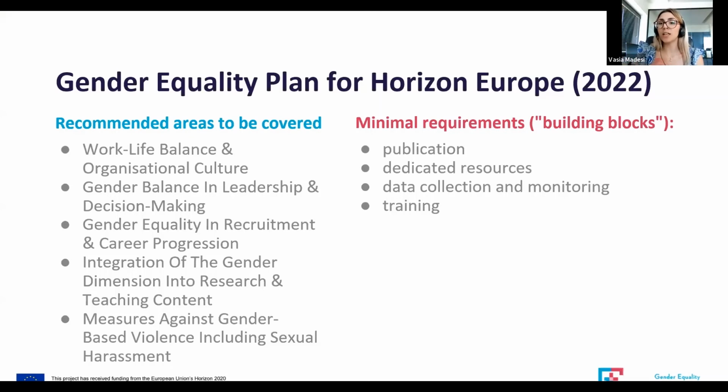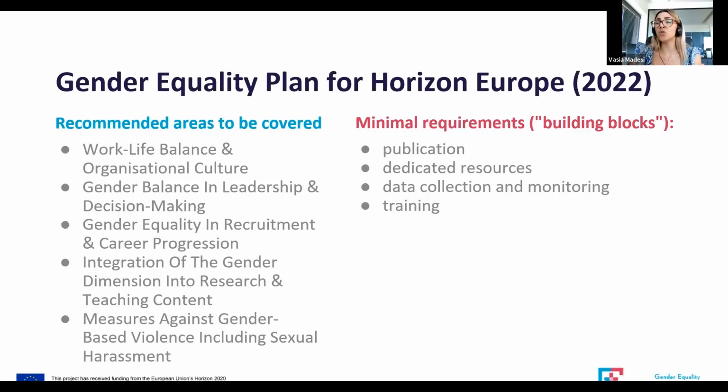So it means that an organization needs to have a formal document published on the institution's website and signed by the top management, needs to have dedicated resources, commitment of resources and expertise in gender equality to implement the plan. And it needs to have data collection and monitoring tools in its institution.